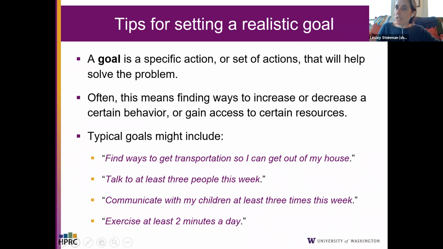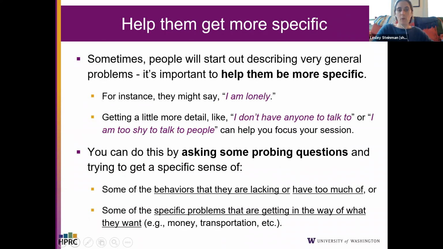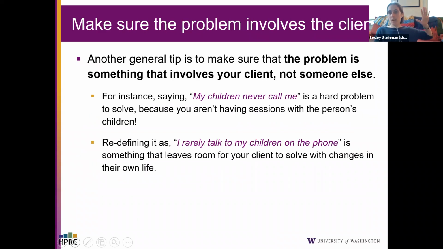And sometimes during the training, you can put up a problem like I am lonely or my children never call me on the slide or on a flip chart and then ask people, now that I've told you about all these tips, help me make this more specific. So you don't have to answer for them.